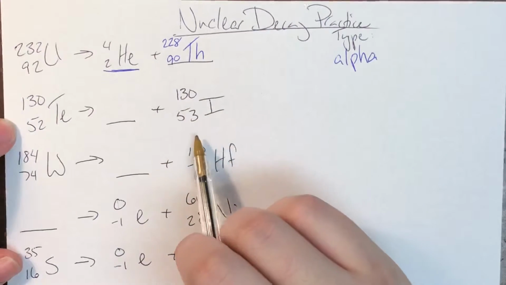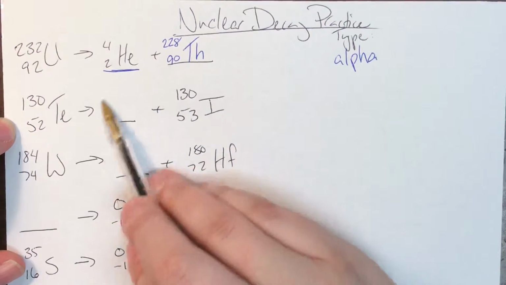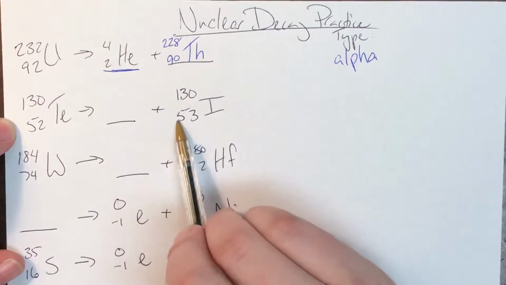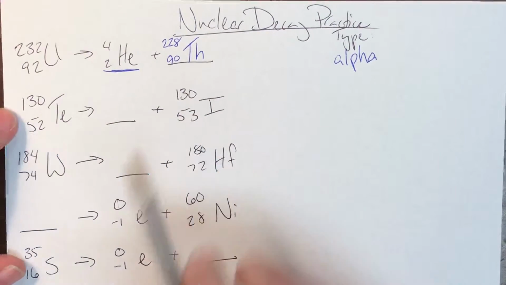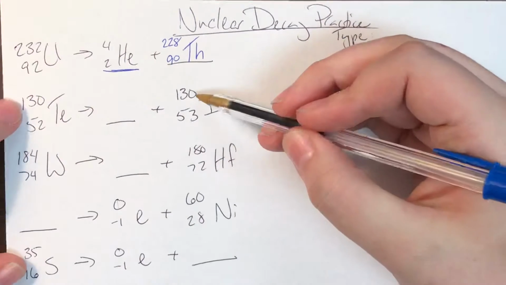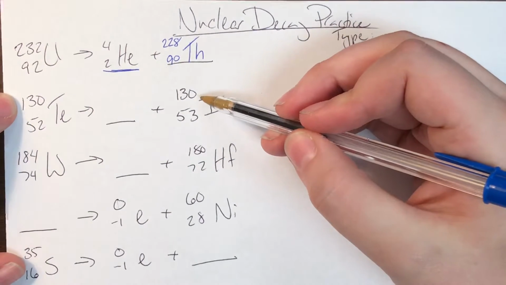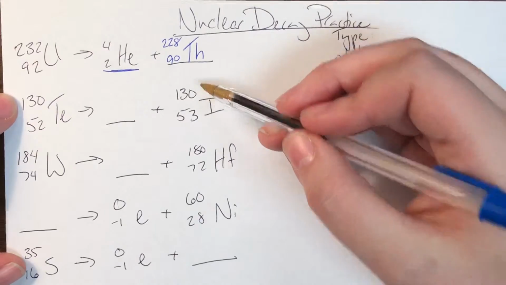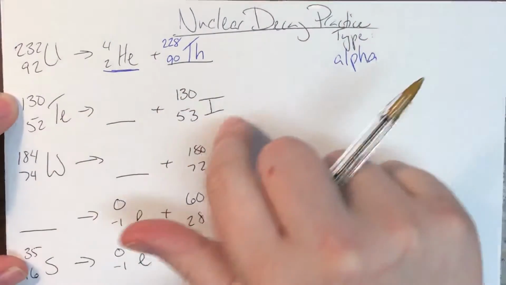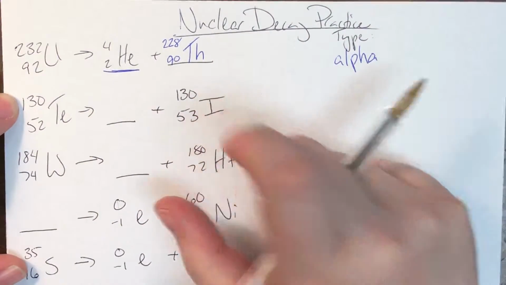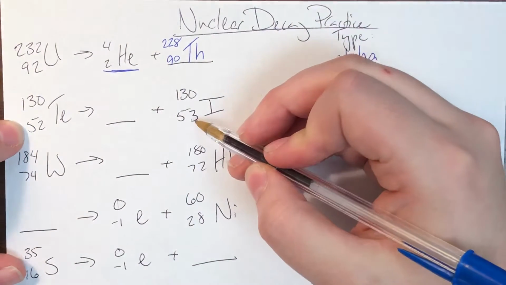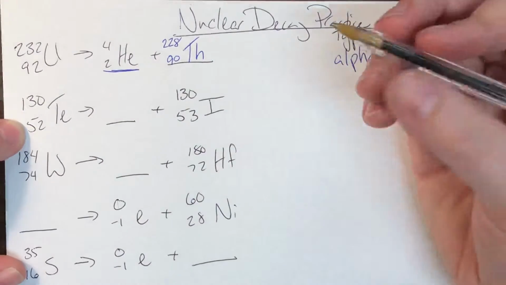Now here I have another type. This one, I don't know what the actual radiation is, but I can figure that out based off of what I have present here. Now I see that my mass does not change. That means this is not alpha decay, because in alpha decay, my mass would change for my newly produced element here, but my number of protons changes and it actually increases, okay?